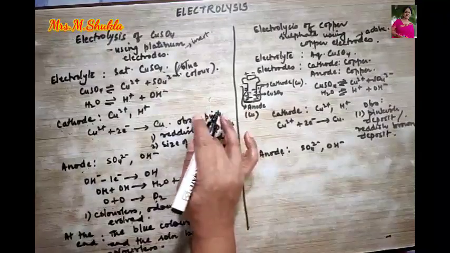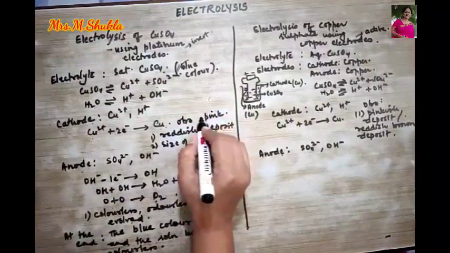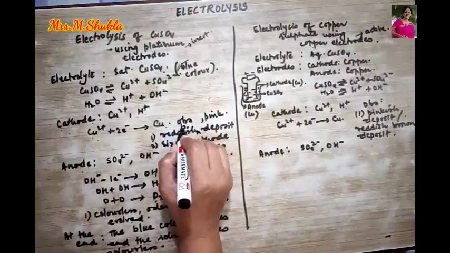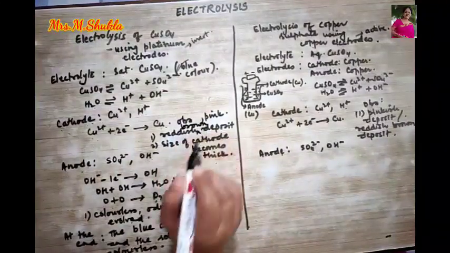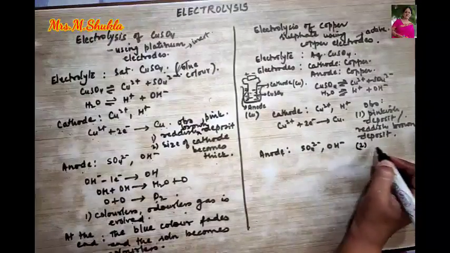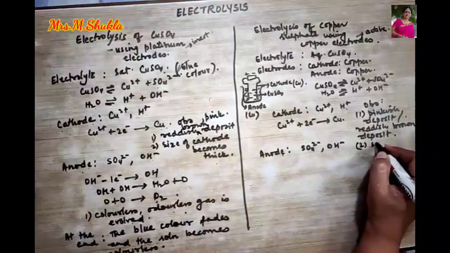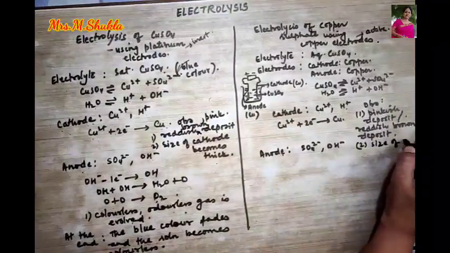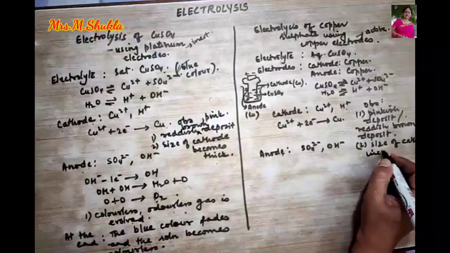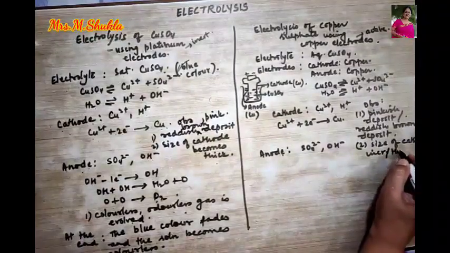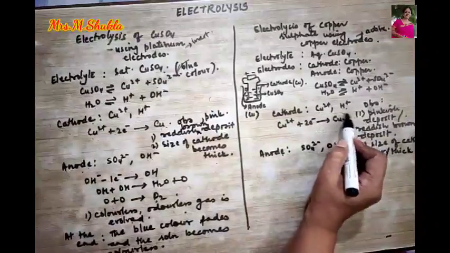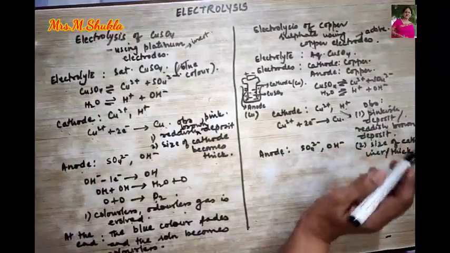This can be a pink deposit, or here you just write down reddish brown. It is not exactly reddish, it should be reddish brown deposit. And the second observation is that the size of the cathode increases or becomes thick, right? These are the observations of your cathode.